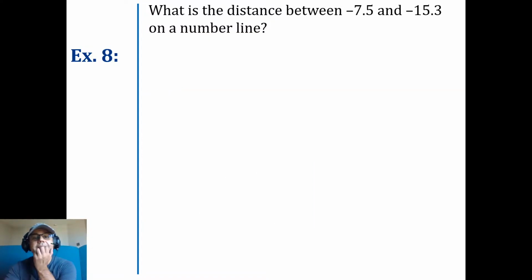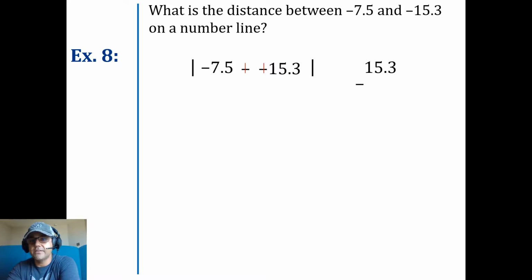All right, same idea, but we got decimals this time. The nice thing about decimals is you don't need a common denominator. You just have to line up your decimals when you're adding or subtracting. So again, imagine your number line, negative 7.5, and then you're going to move to negative 15.3. So I'm going to go ahead and, ooh, look at that setup there. The difference is subtraction and negative 15.3. So adding the opposite. Different signs now.